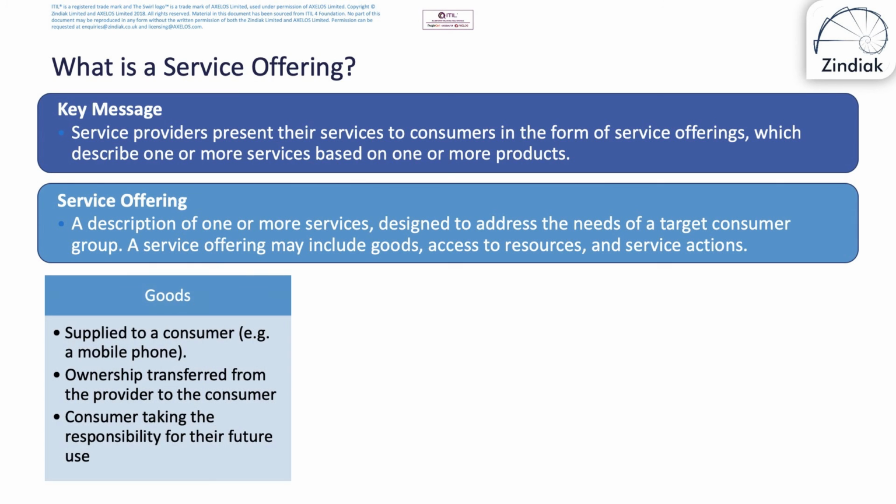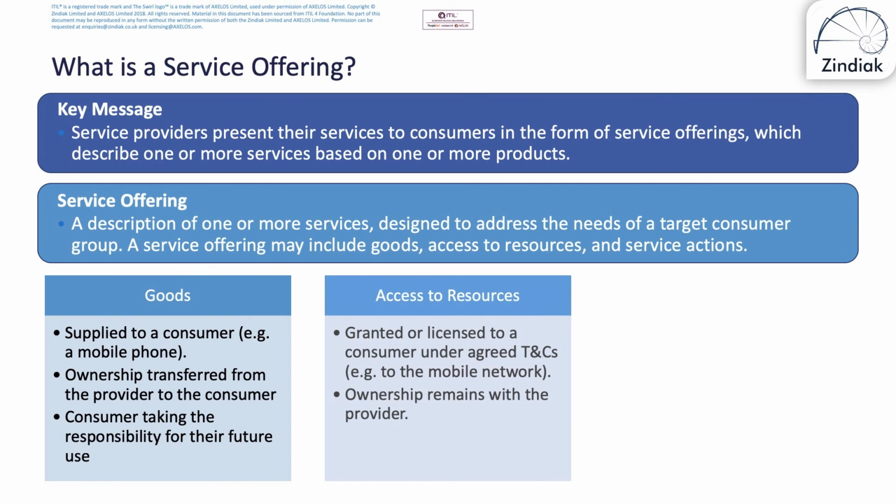Goods. Goods are supplied to a consumer, such as a mobile phone. Ownership is transferred from the provider to the consumer, and the consumer takes the responsibility for their future use. Access to resources is granted or licensed to a consumer under agreed terms and conditions, for instance, access to a mobile network.